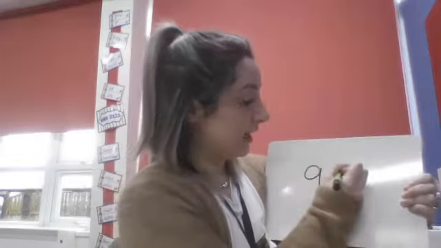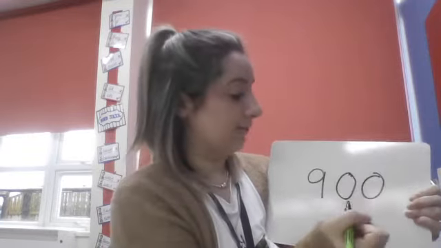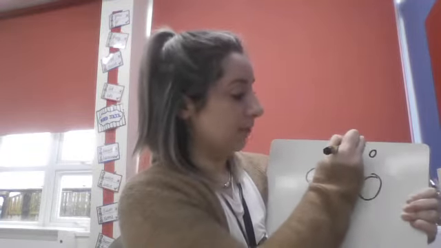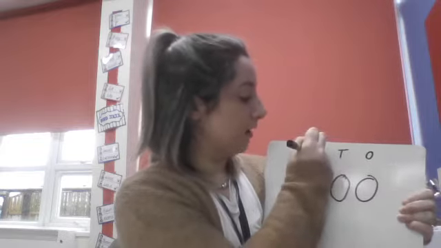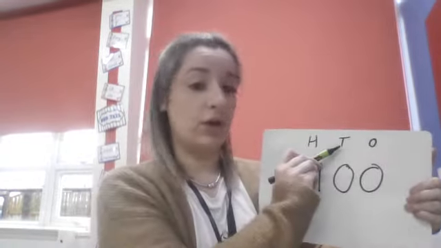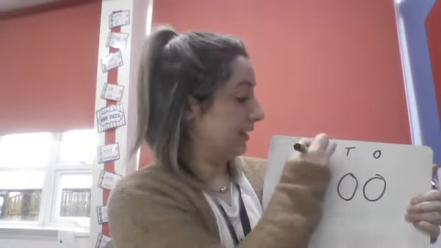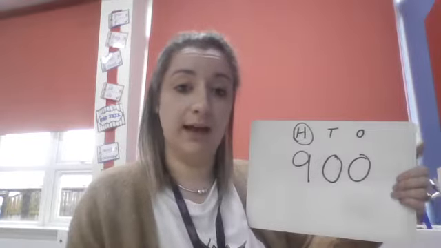A has the number 900. That's my ones column, my tens column, my hundreds column. On section 1 we were looking in the tens column. Now we're looking at the hundreds column because it says give the numbers that are 100 more. So I'm going to circle this part. That's the one that we're looking at.